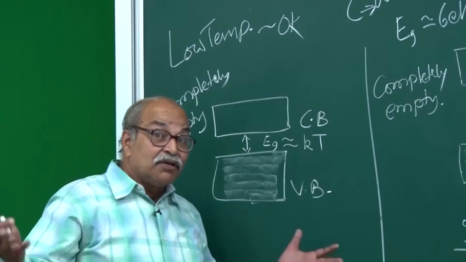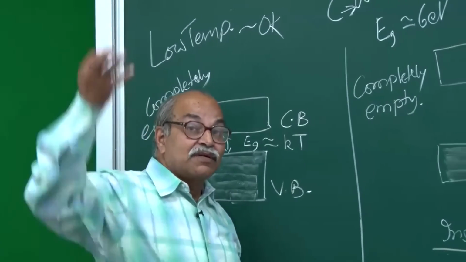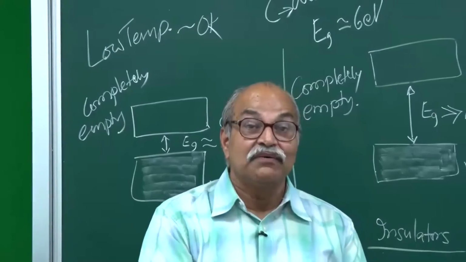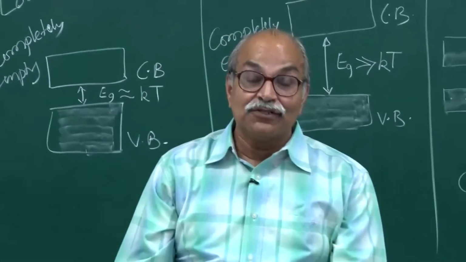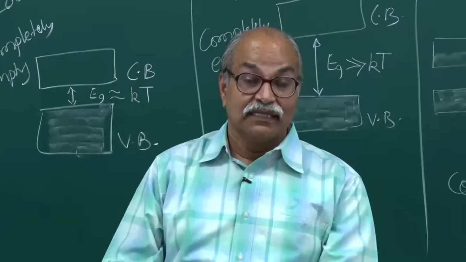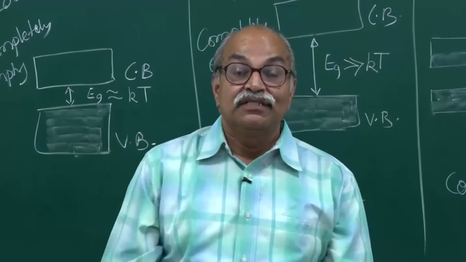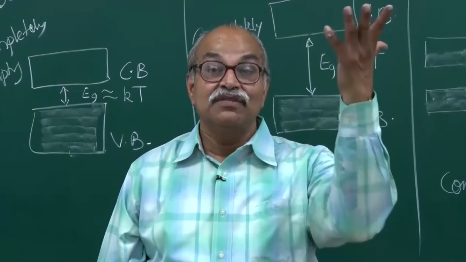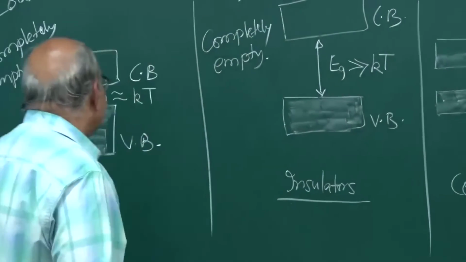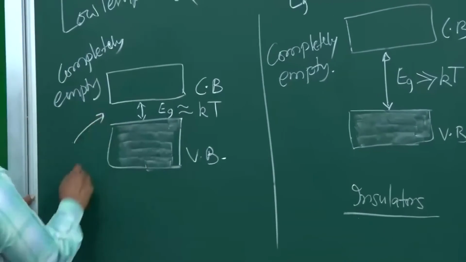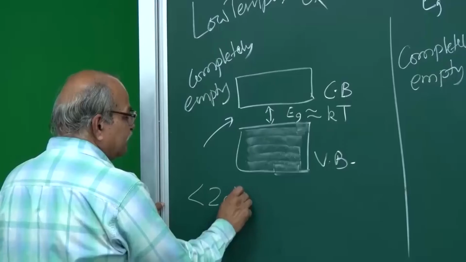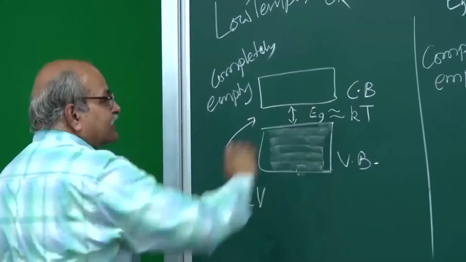So because the number of particles is very large, 10 to the power 23 particles, even if the probability is as low as 1 in 10 to the power 10, then also there are 10 to the power 23 particles, you will have significant number of interactions in which the energy exchange will be 10 times kT or 20 times kT or 40 times kT and so on. So anything, let us say anything like say less than 2 eV or 3 eV is under this category.